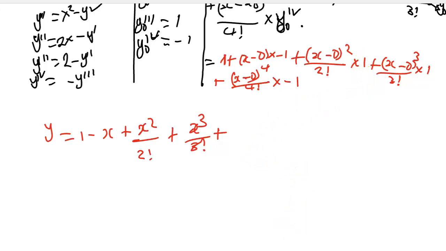Here you have to pay attention to the signs. So this will give us negative x to the power 4 divided by 4 factorial.